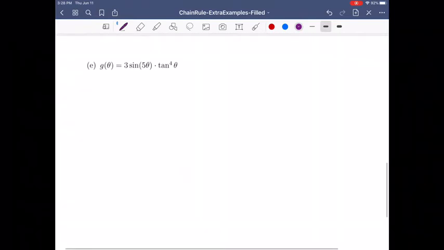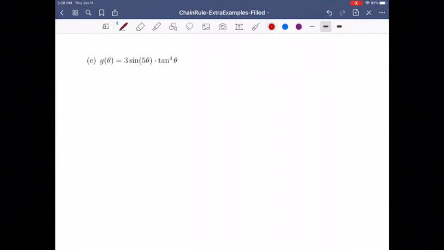Okay, let's try some trig ones. So again, I have a product rule here. The 3 can just go with this first term if you want, or you can pull it out and multiply it at the end.